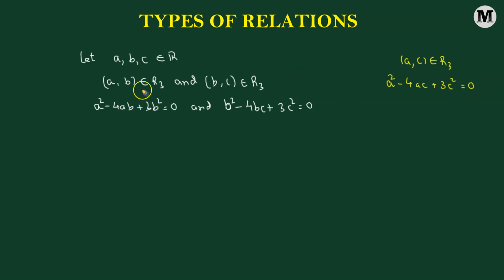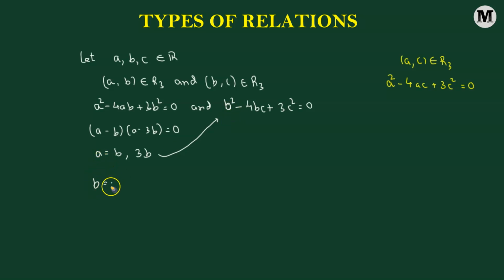Okay, let's check whether it is true or not. Now a squared minus 4ab plus 3b squared equals 0. We can factorize it to get (a minus b) multiplied by (a minus 3b) equals 0. So we get a equals b, or a equals 3b. Now, wherever we see a, we replace it with the corresponding b value.